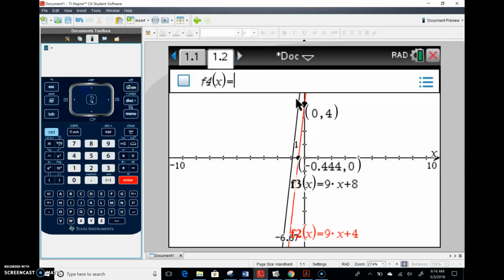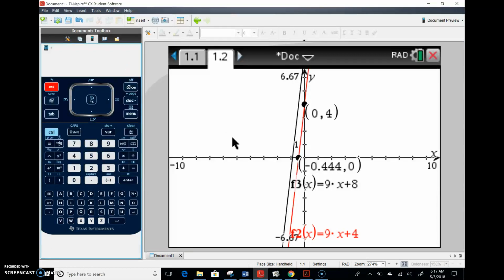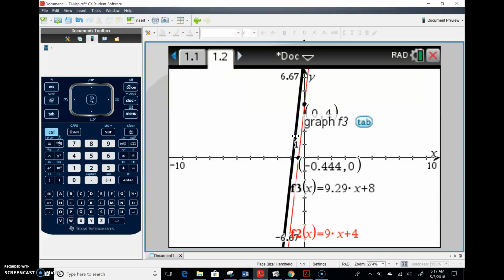The black one's my second one. I'm going to highlight it.